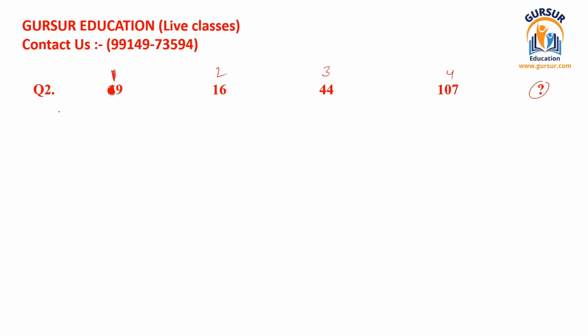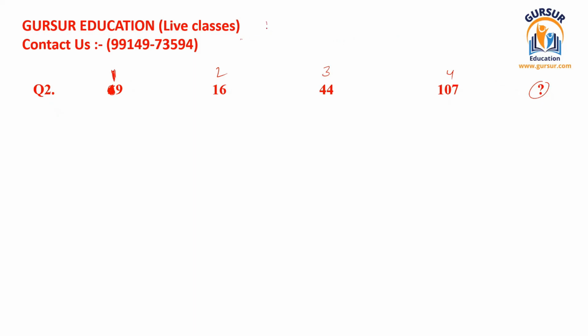So now with this series you can simply see that this is in ascending order. The first value is 9, then it is increased to 16, then it increases to 44, then it increases to 107, then we don't know what shall come at the place of the question mark. So now what we do, we simply just go with addition.